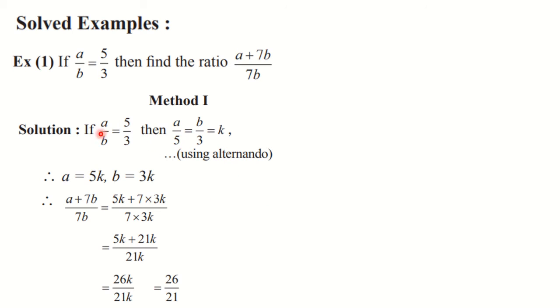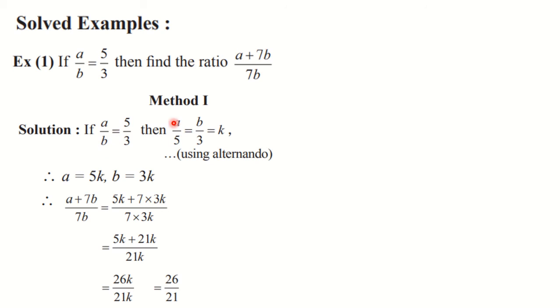What we are going to do here is start with what is given to us, that is a upon b is equal to 5 upon 3. These are two equal ratios. We are going to use the property of alternando here. We are altering the position of b and 5.